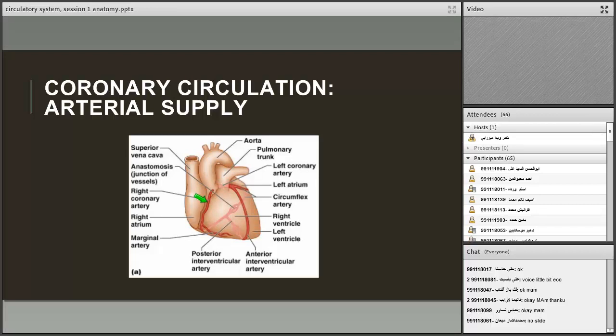With each pump of the heart, the blood will enter the coronary arteries and distribute on the heart, look at here, and supply the materials to the heart muscle. In the next sessions, I will explain more about the coronary circulation. Today, I just want you to know that the heart is the first organ which uses its circulation through the coronary arteries.